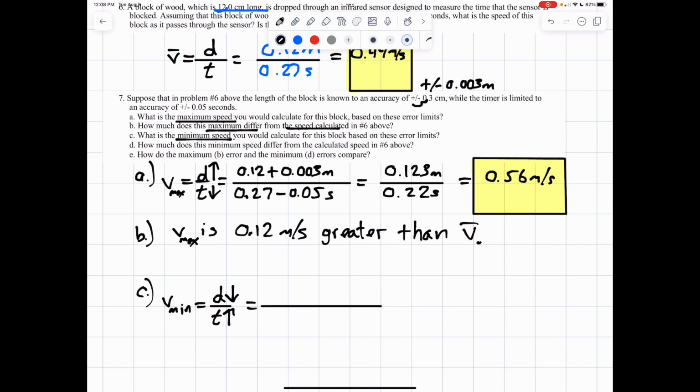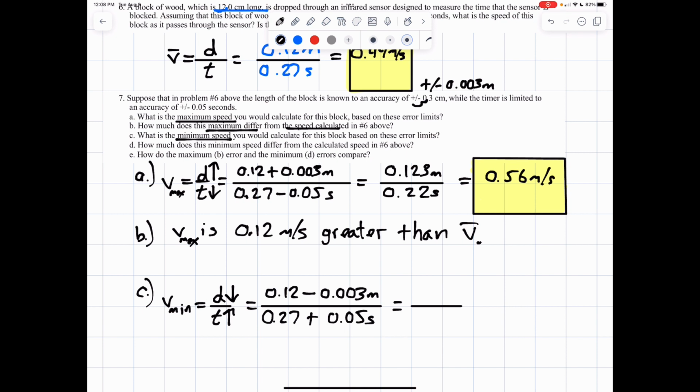Okay, so let's go ahead and fill this out. We're going to get 0.12 minus 0.003 meters on top. Now on the bottom, we're going to go 0.27 plus 0.05 seconds.